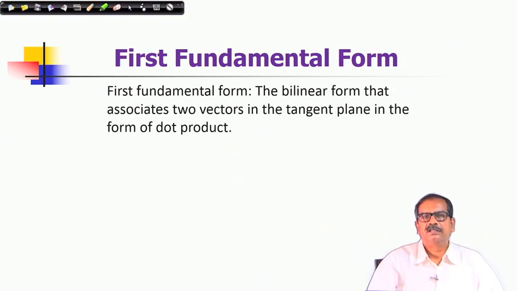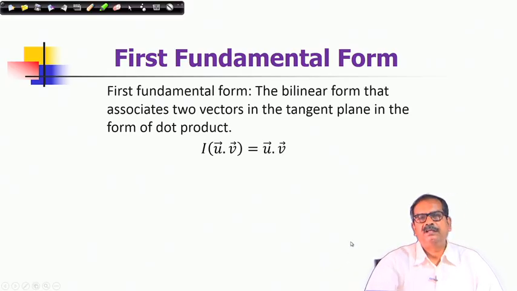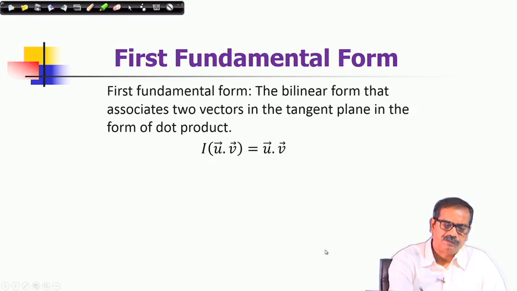This is the bilinear form that associates two vectors in the tangent plane in the form of a dot product. So, the definition of the first fundamental form is that in the tangent plane, if I consider two vectors u and v and take the dot product, that would give you the corresponding first fundamental form.